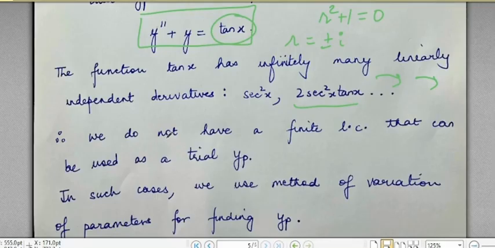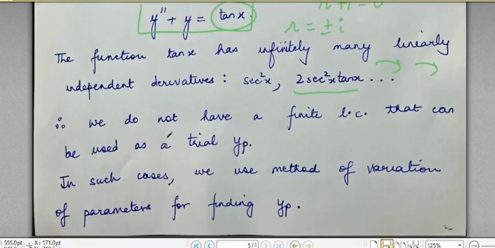So in such situations, we get stuck and we are unable to adopt the method of undetermined coefficients for guessing our yp. So we'll have to switch to the alternative techniques that we have for finding our yp. We know that for non-homogeneous equations, y is given by yc plus yp. Yc is easy.